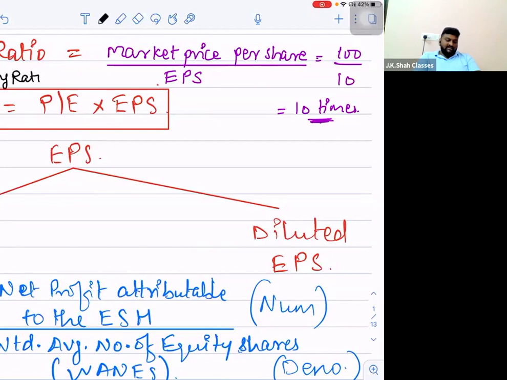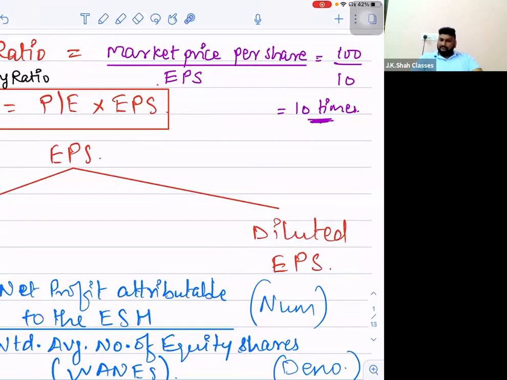Price to earnings ratio means how much market price an investor is willing to pay for a particular earnings of the company. How much an investor is willing to pay to buy a particular share on the basis of its earnings is what the price earning ratio will tell you.